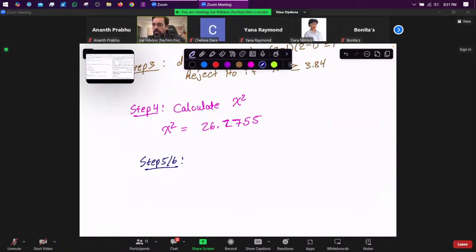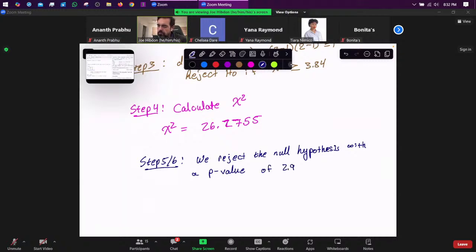So we notice that this number is bigger than the 3.84 that we have. So again, we reject the null hypothesis. I know you're all tired, and I didn't take a second break, but I want to get through this.